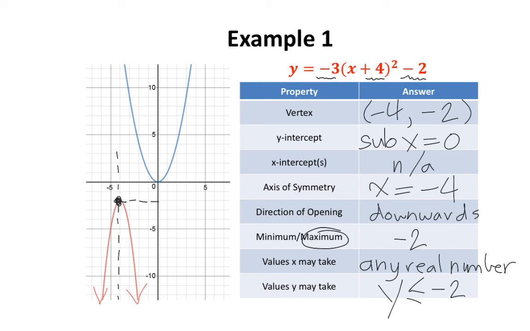In grade 11, you'll learn that this property or feature is actually called the range. I'm just going to make a little note of that in case you're interested. That's called domain, and that is called the range.